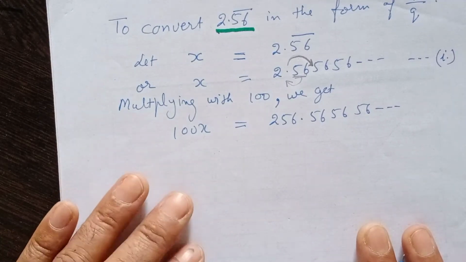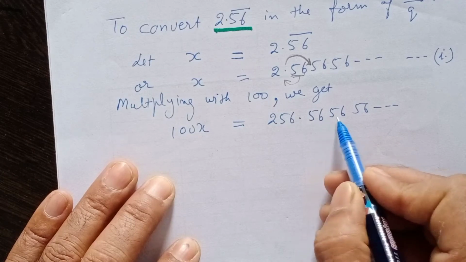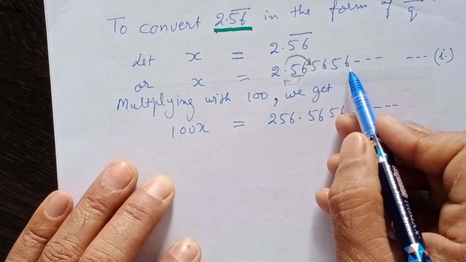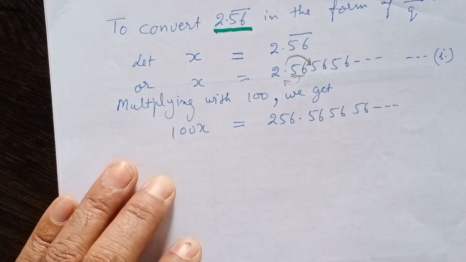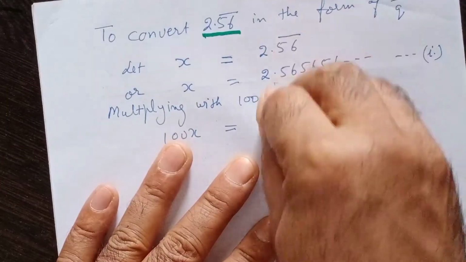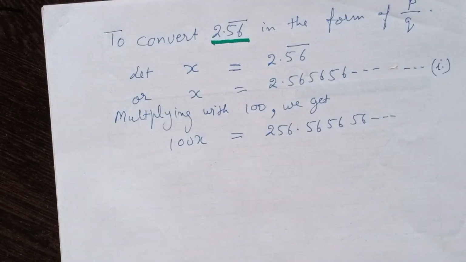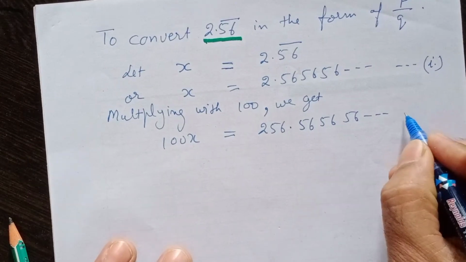We wrote 5 6 three times here, and here also 5 6 was three times. Now let us name this as equation number 2.